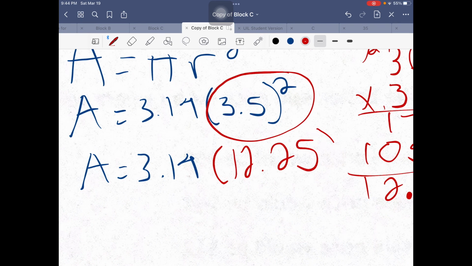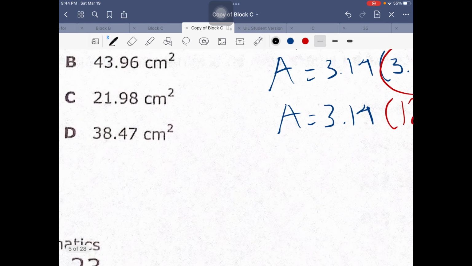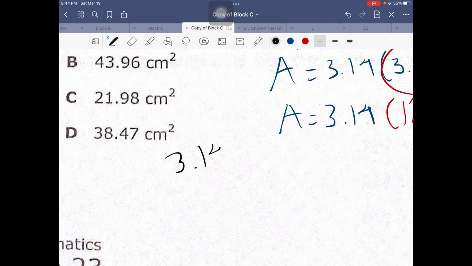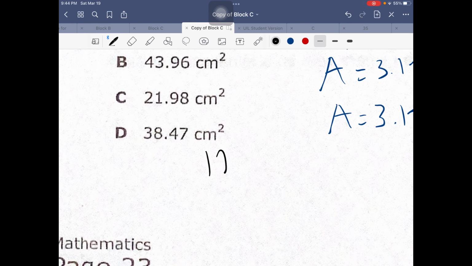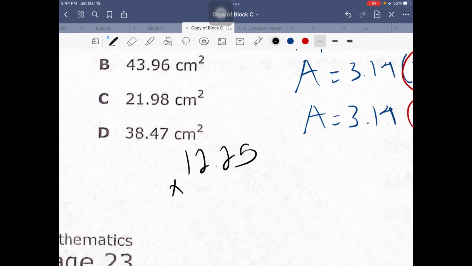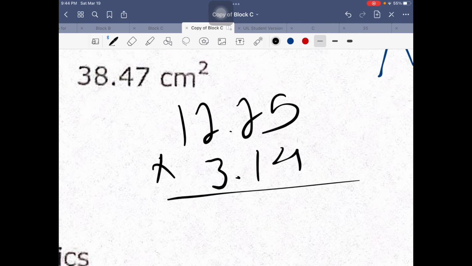Yeah. Now we multiply these two and we get our answer. Finally, right? 3.14 and we have 12.25. We put the one that has more digits on the top. That way it's easier. 5 times 4 is 20. 2 times 4 is 8 plus 2, 10. 2 times 4 is 8 plus 1, 9.